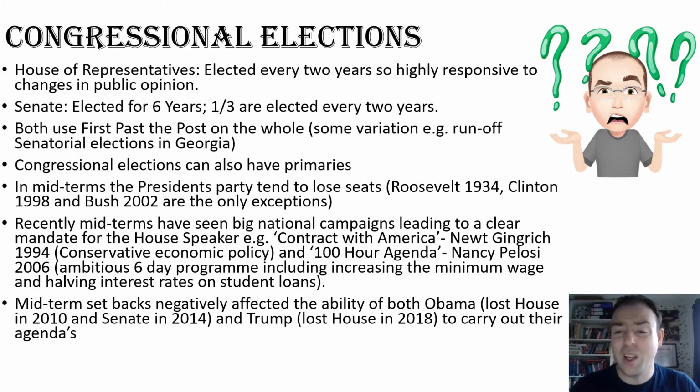There is some variation on the way that the system works. For example, we're just waiting at the moment for the runoff in Georgia, where the state rules are that a winner has to get over 50% of the vote, so building a bit of a majoritarian system into that. Now, we do see some fluctuations, but maybe not as much as you would expect, particularly with elections every 2 years in the House.